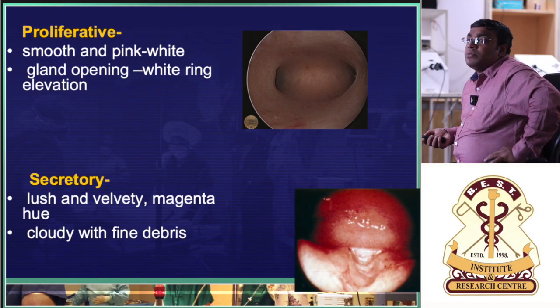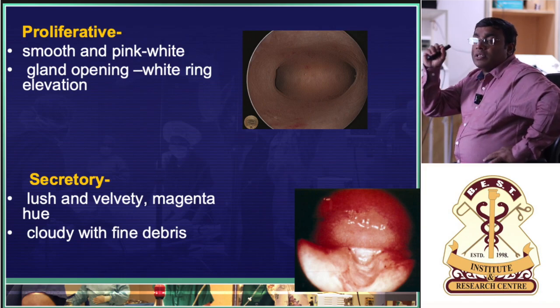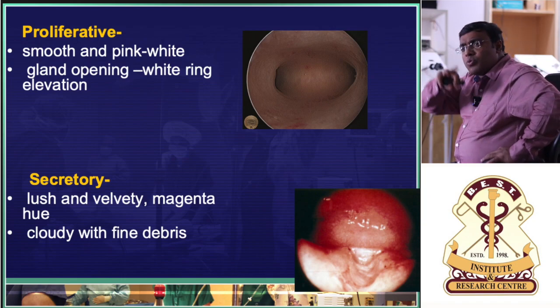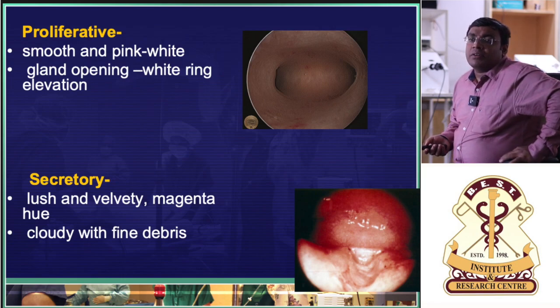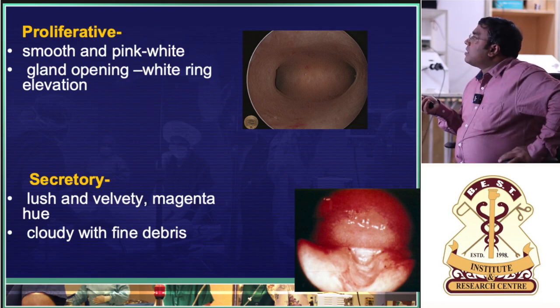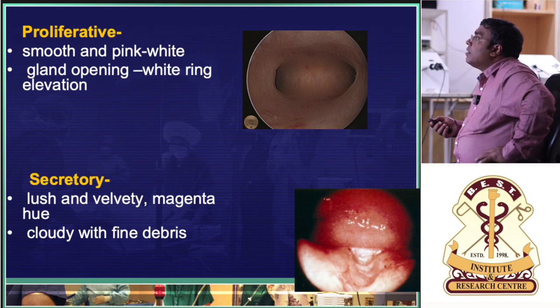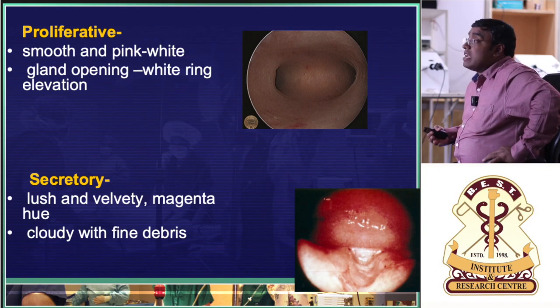So when it comes to proliferative endometrium, you will see small holes, that is the opening of the glands. Small white dots are there throughout and it is pinkish in color. Small dots are there throughout the cavity, that is the opening of the glands. That is in proliferative. Whereas in the secretory phase, it is magenta red or velvety and lush.